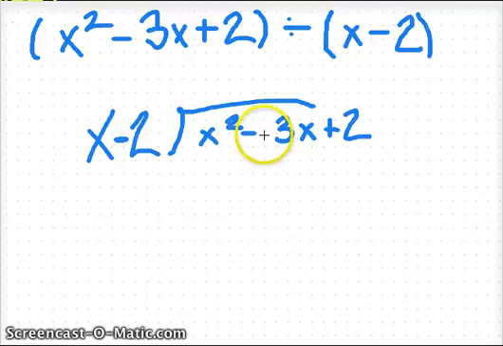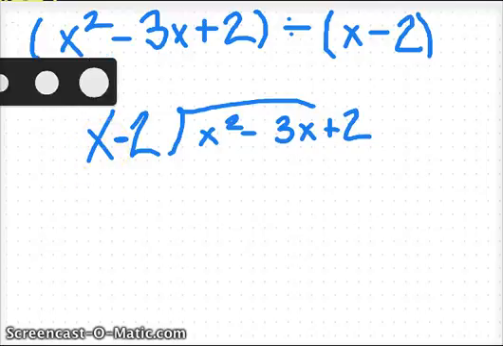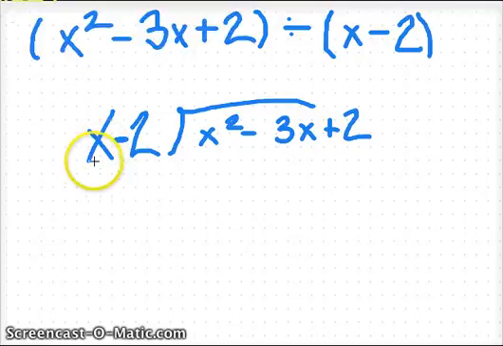Okay, so we're first going to look at the higher order terms, and we're going to start off here. We're going to see how many times x goes into x squared, right?